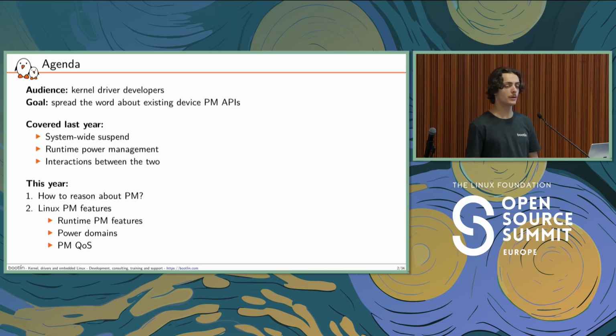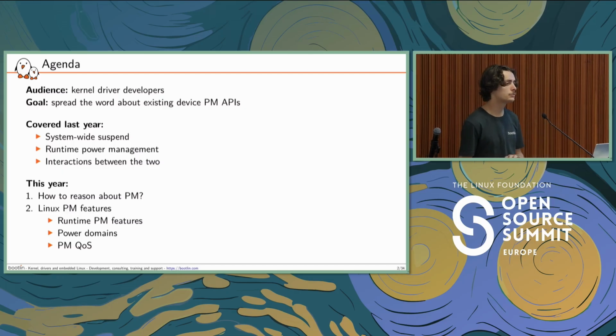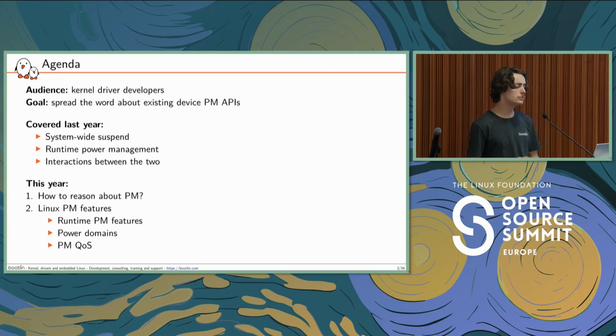So what are we talking about? First of all, before saying what I will be talking about, I wanted to clear up who I want to talk to. My goal is to reach driver developers that work on embedded systems. That's who I aimed this talk at. And I want to mainly cover what APIs exist.